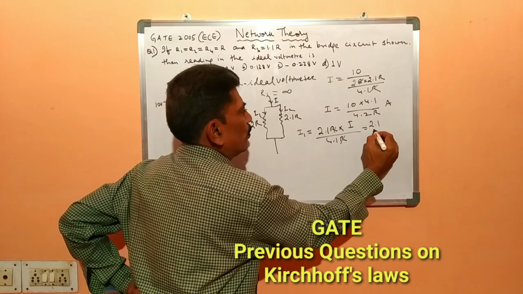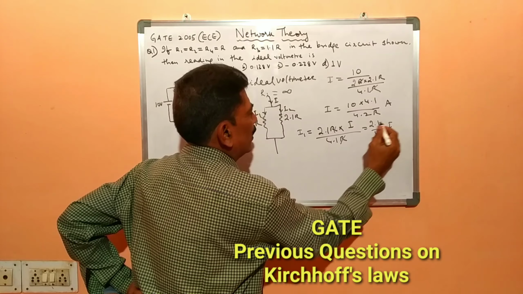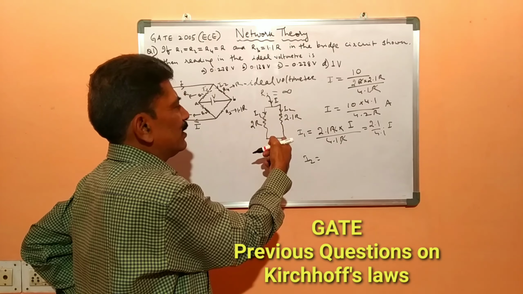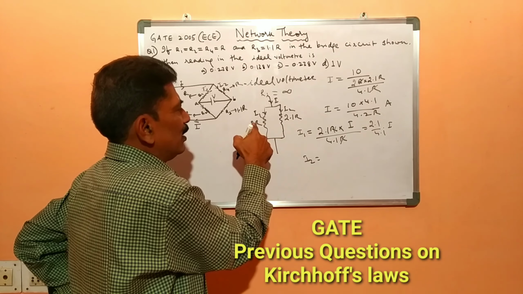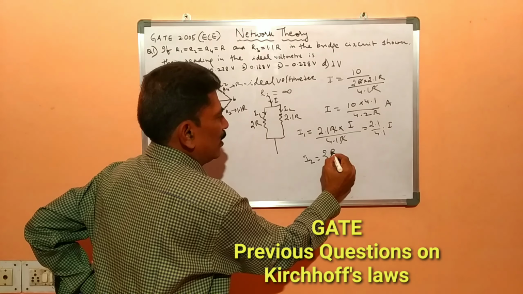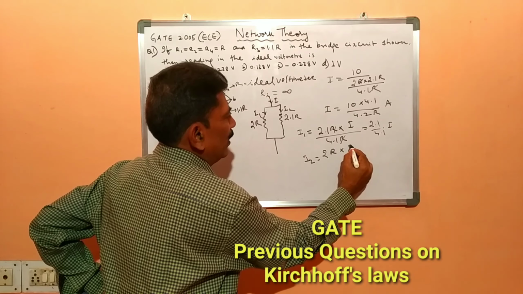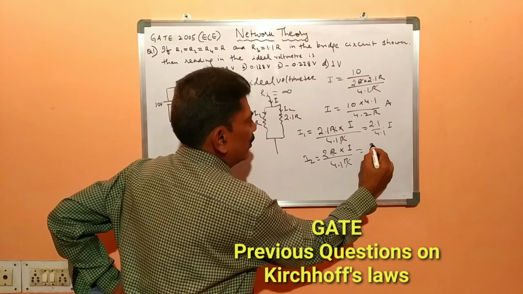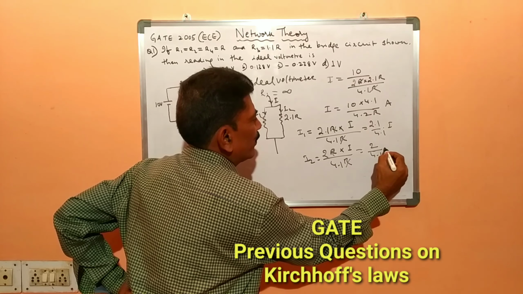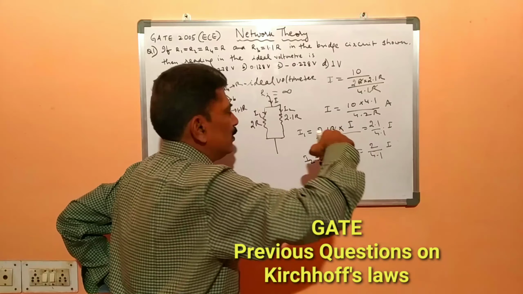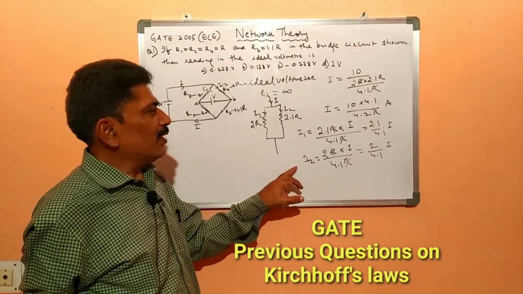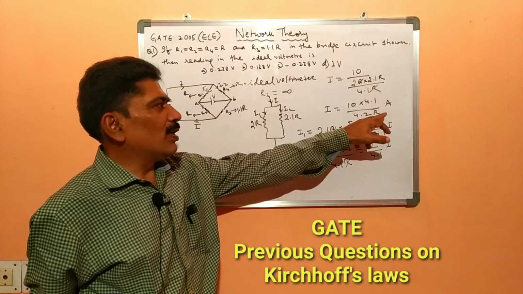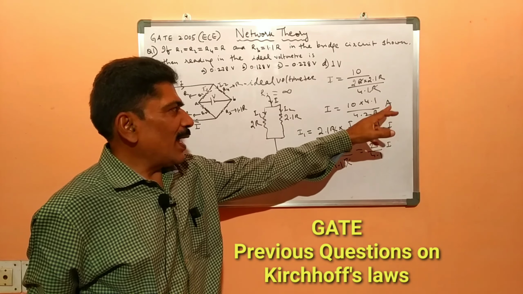It is equal to 2.1 by 4.1 into I. Similarly, I2 is the current flowing through this resistor, so I2 is equal to 2R into I by 4.1 R, which is 2 by 4.1 into I. So we got the currents I1 and I2 in terms of I, and I is equal to 10 into 4.1 by 4.2 R amperes.